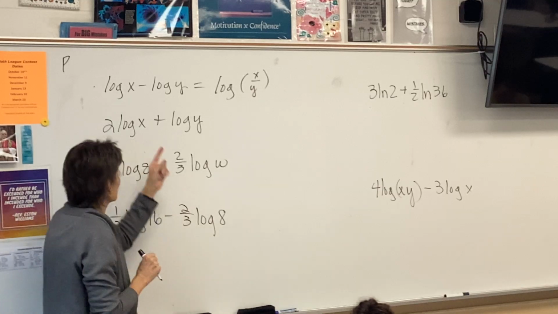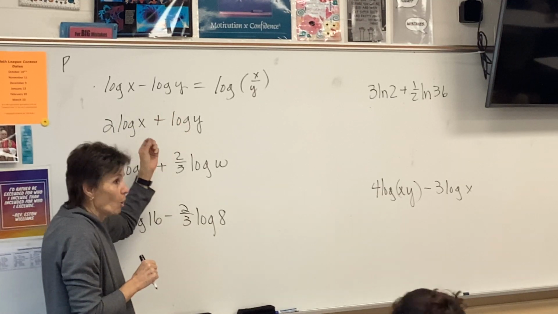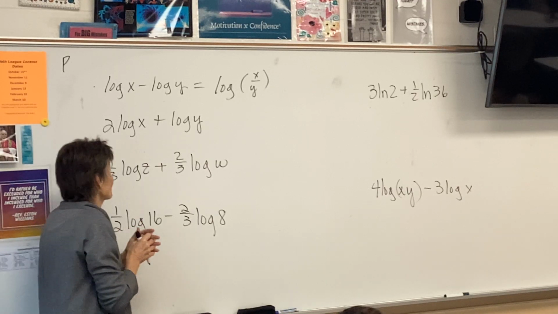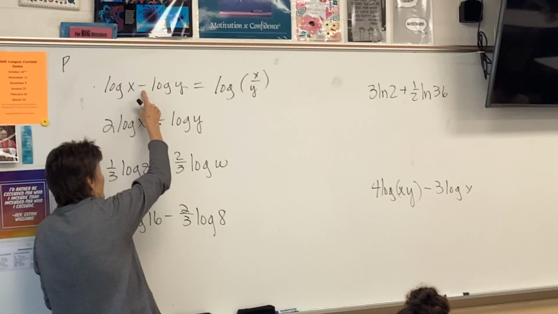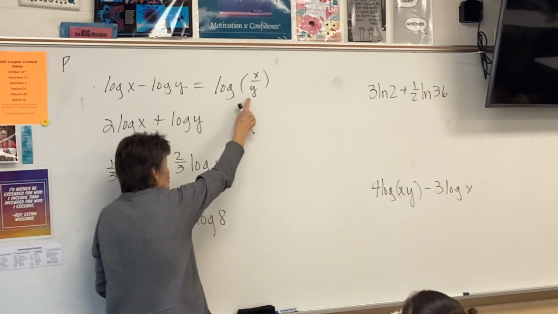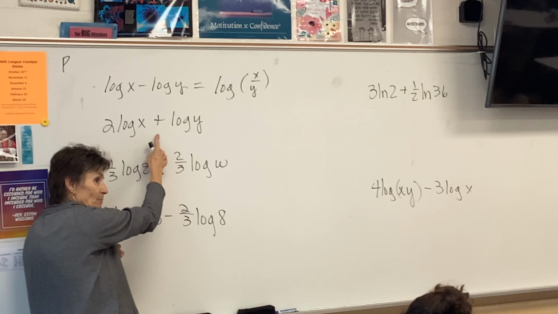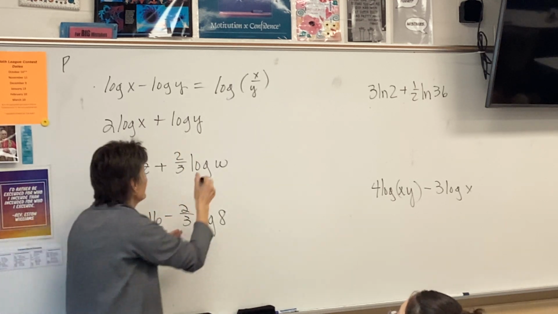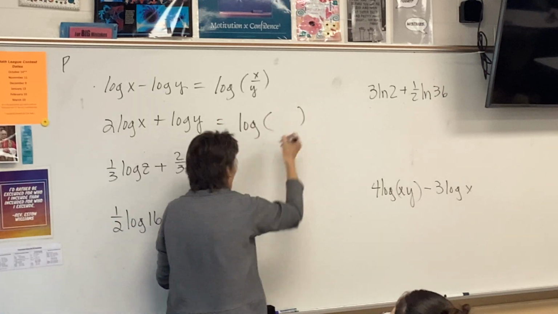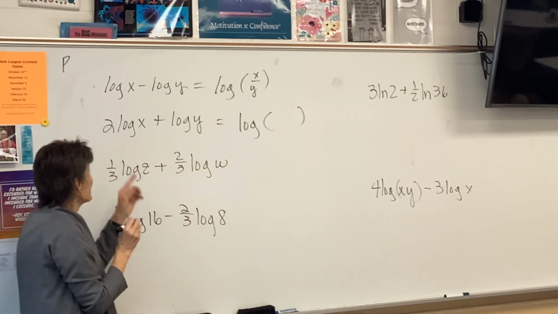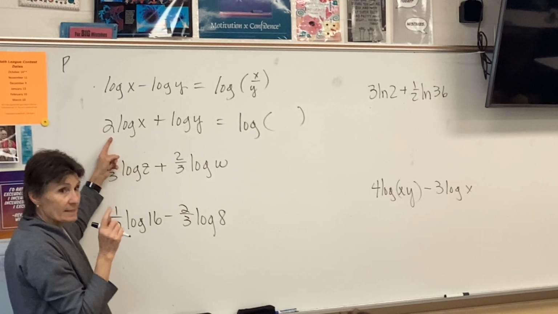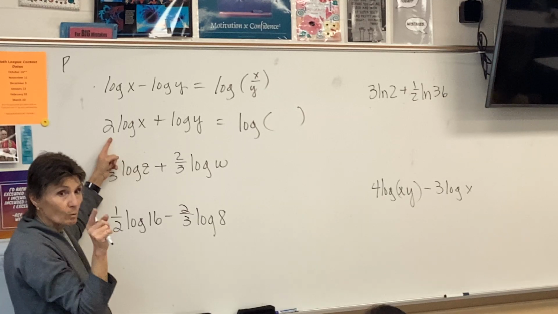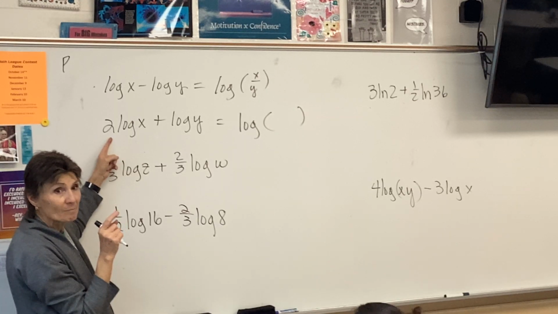Okay? This is not distributive. You don't factor out log. You're rewriting two logarithms as one. Now, if this one was a division, what do you think this one's going to be? Multiplication. But this one has an added complication. We're going to put it together into one logarithm, but we have to deal with the 2. Does anybody remember what we do with that 2? 2x times y?